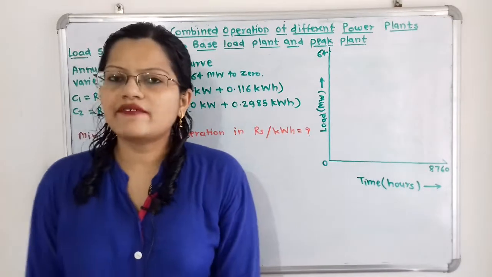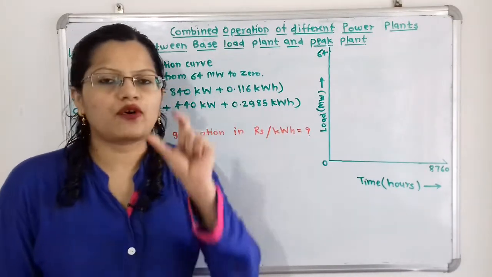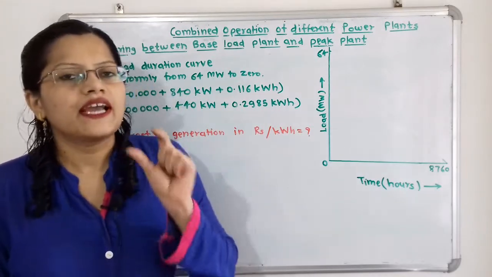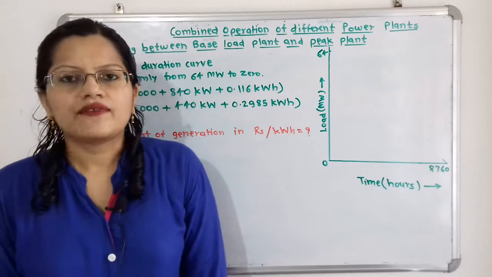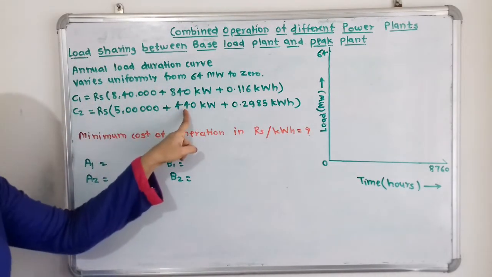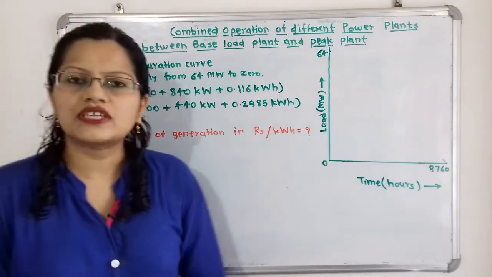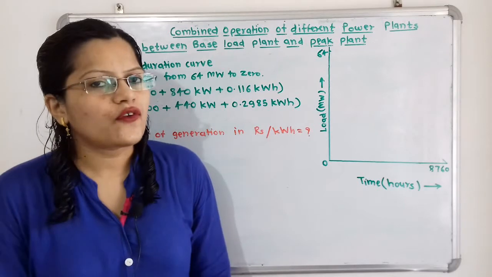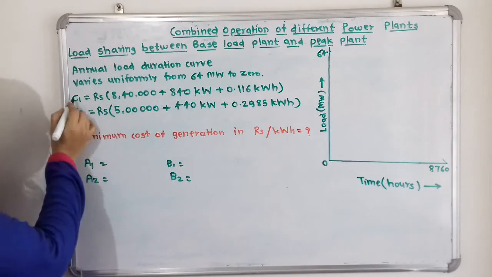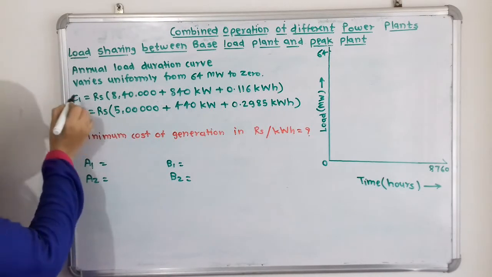So from this given cost we can give the notation for the cost of the installed capacity and cost of the energy units generated. We will consider here the notation A for the installed capacity cost and notation B for the energy units generated cost. For the peak load plant suffix 2 is used, and for the base load plant suffix 1 is used.